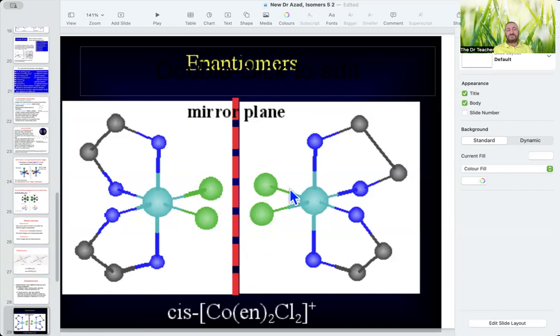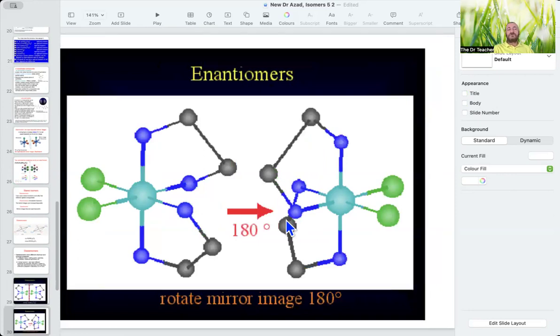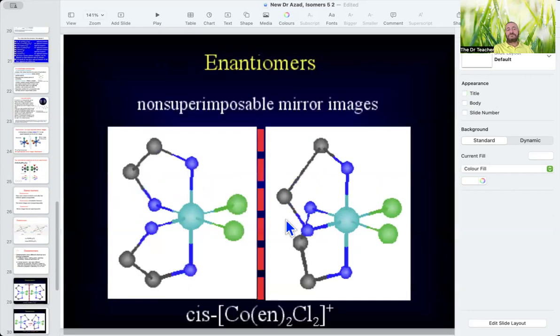This is the cis, one beside the other, neighboring two chlorine atoms, and we have two ethylenediamine groups. It's octahedral. There is a mirror image, but not superimposed. They are enantiomers.